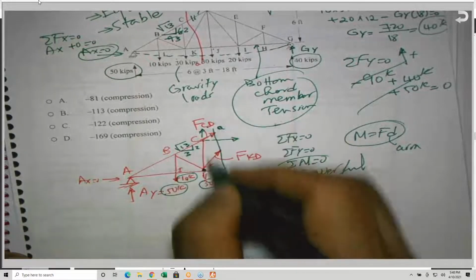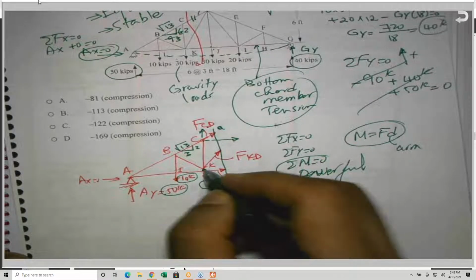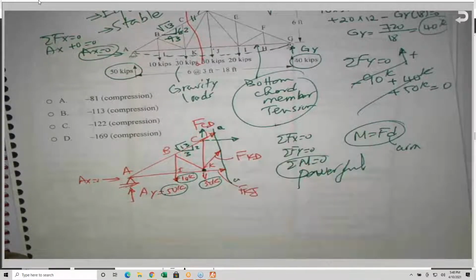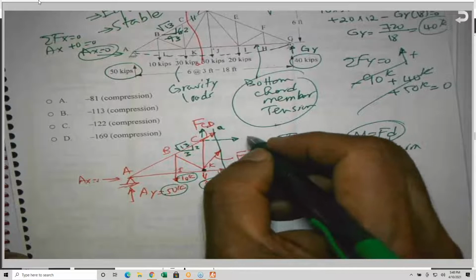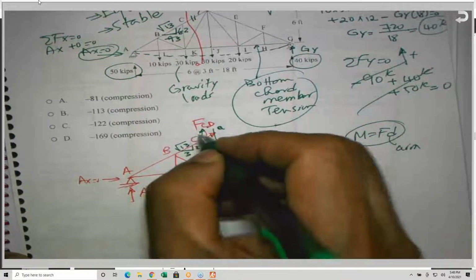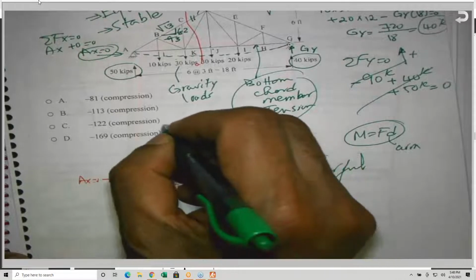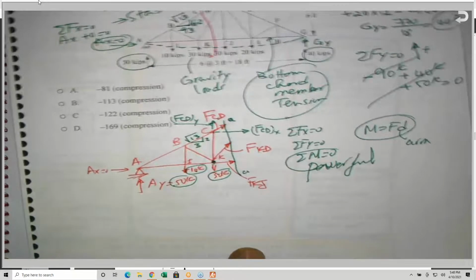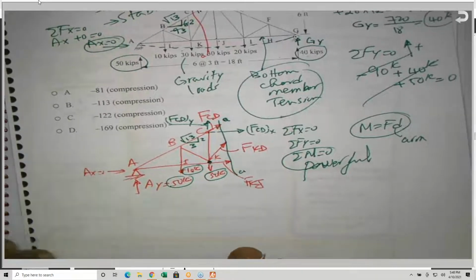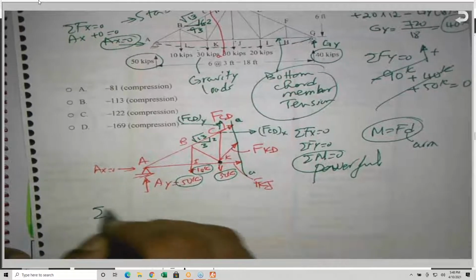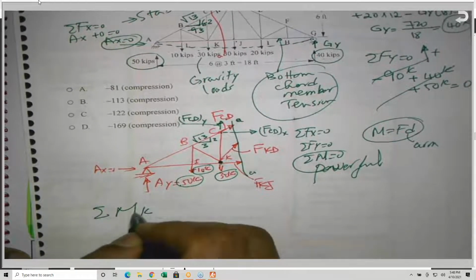The Y direction has no moment about K also, so the only force that will show up in this one here is the FCD in the X direction, and this is the FCD in the Y direction. So I need to sum moment about K. So sigma moment about K equals 0.